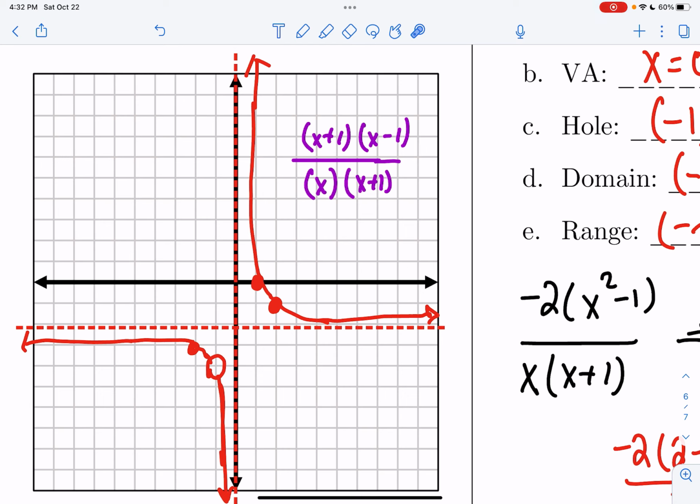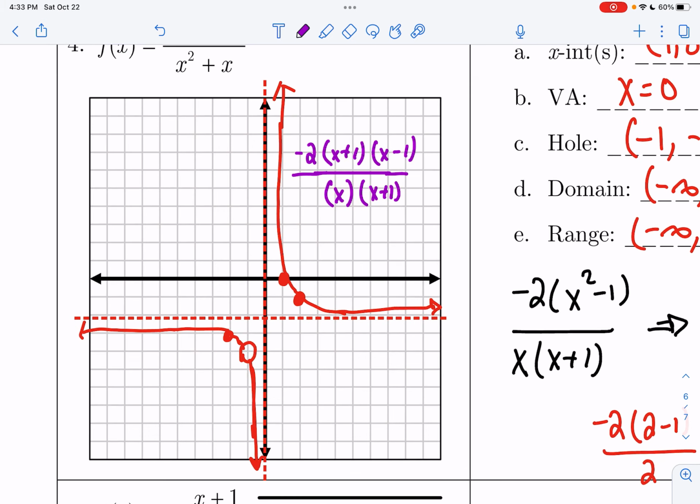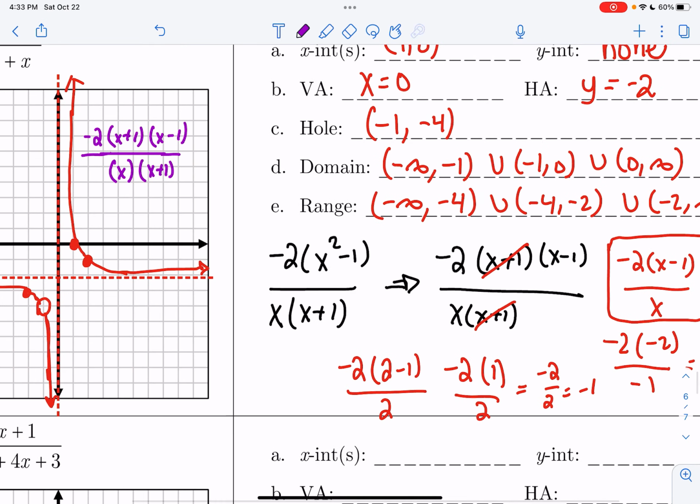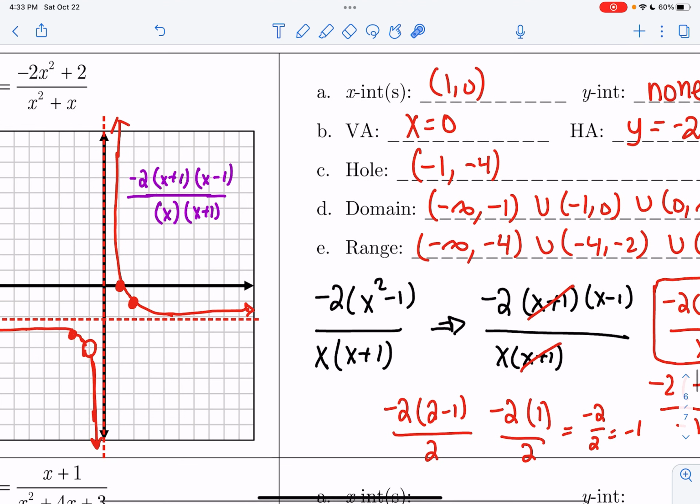In this case, if my horizontal asymptote is at -2, I need to have a leading coefficient of -2 whenever I divide it. So in this case, I'm going to have -2 on top to give me -2(x plus 1)(x minus 1) over x times (x plus 1) as my equation, which, guess what, we found right here after we simplified this right here.